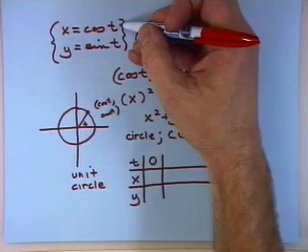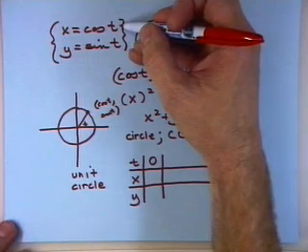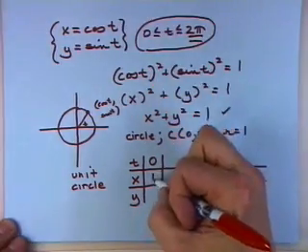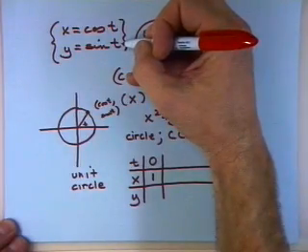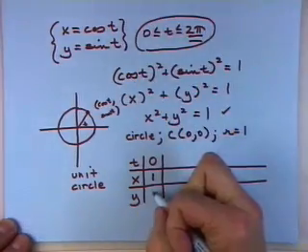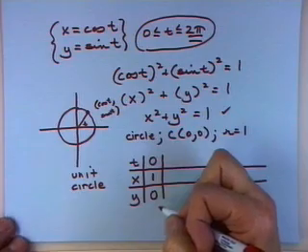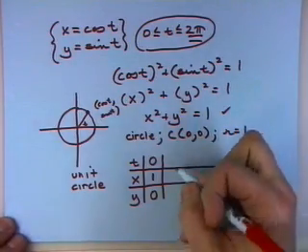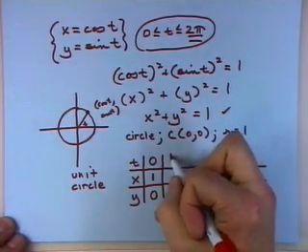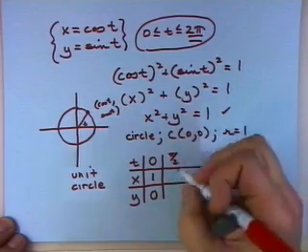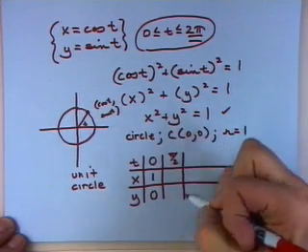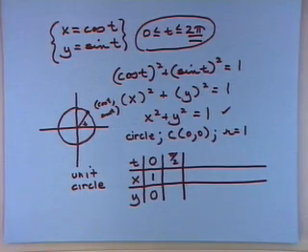What's the cosine of 0? 1. What's the sine of 0? 0. Notice a little hesitance there to give me answers. Let's see what happens as we go around here. Maybe that's too much, but I think we already know it's a circle, so let's just kind of roll on over to pi over 2.